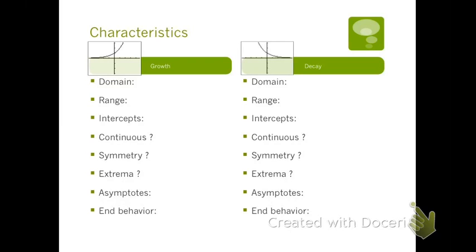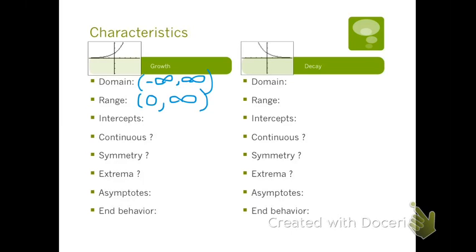So for growth, the domain, well, we can use all real numbers here. The range, if it hasn't been shifted up or down, is going to go from 0 with a round bracket to positive infinity.